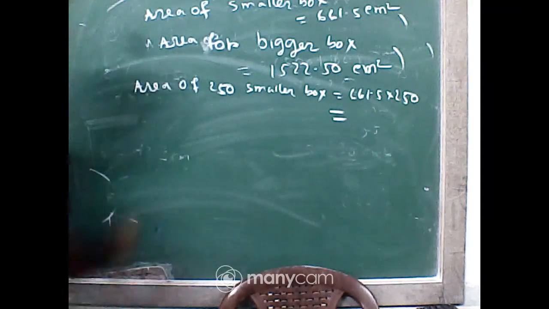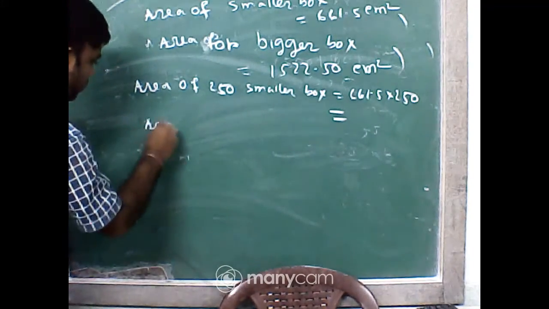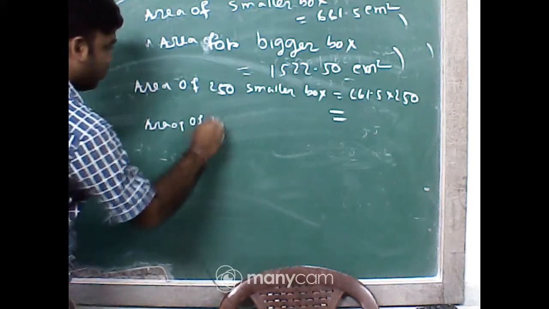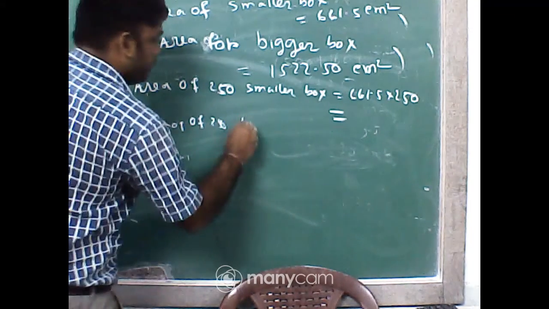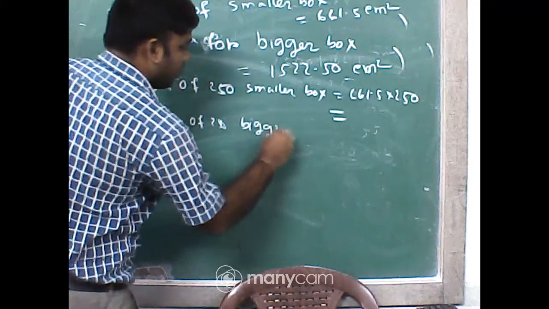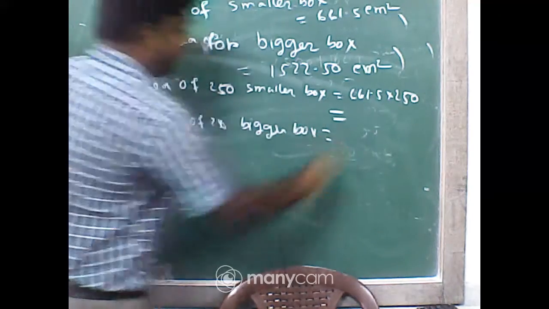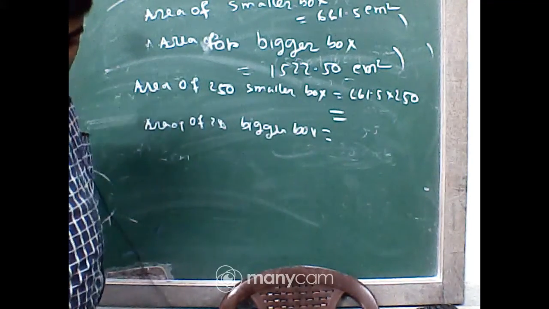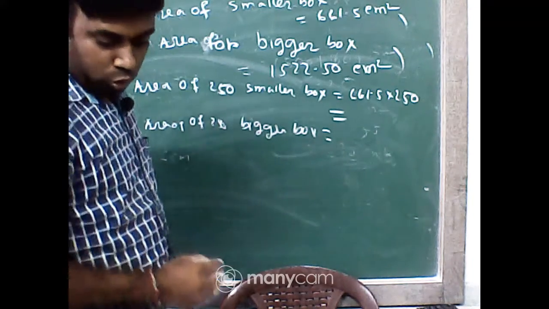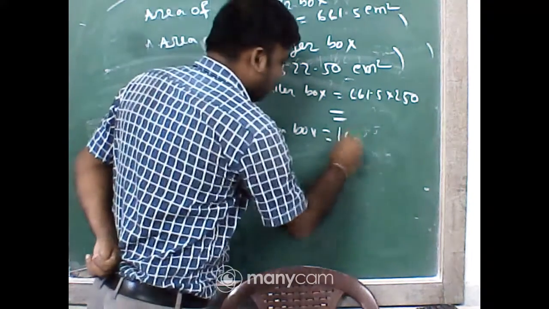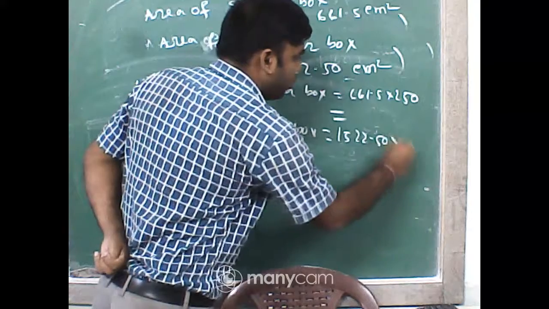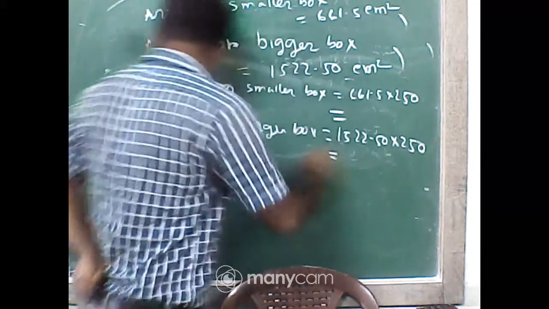Tell me what will be the area. And the area of 250 bigger boxes is 1522.50 into 250.